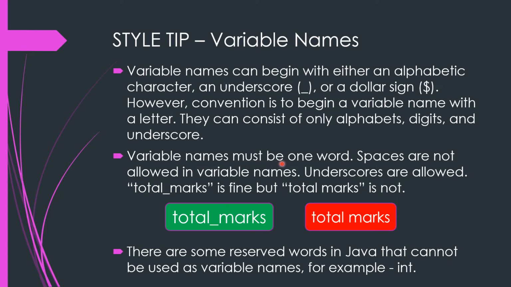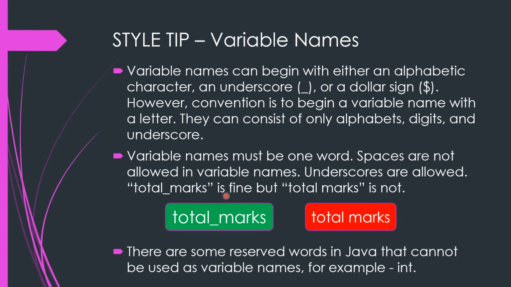Variable names must be one word. Spaces are not allowed in variable names. Underscores are allowed. As in the previous example, you must remember that we used an underscore between the two names, and we had not given any space between the different words.